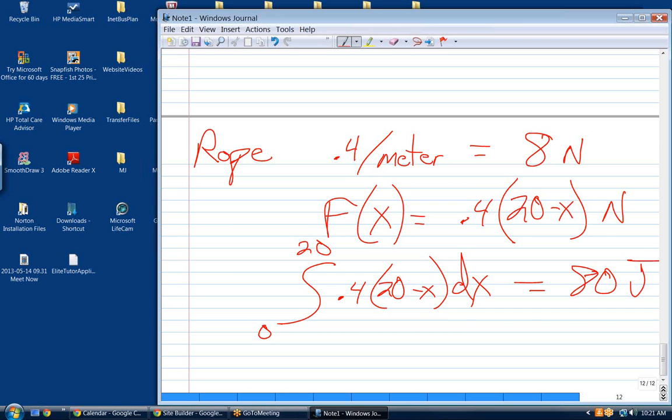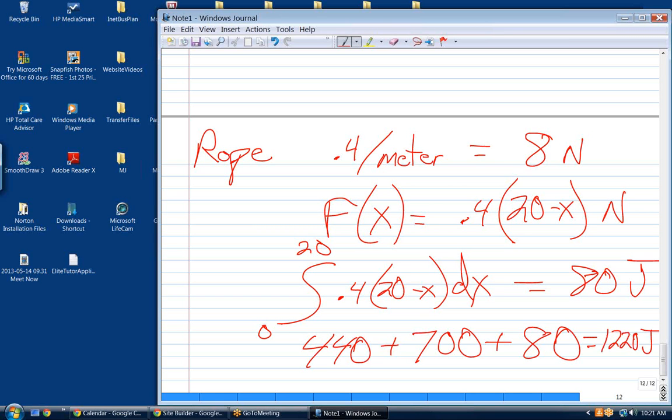So for the bucket, the water, and the rope together, the bucket was 440. That was easy. The leaky water was 700 and the rope was 80. So all three total required 1,220 joules of work to lift.